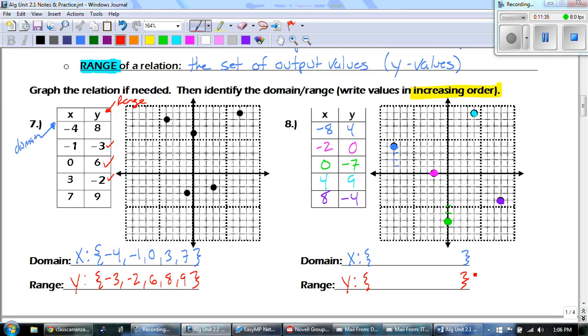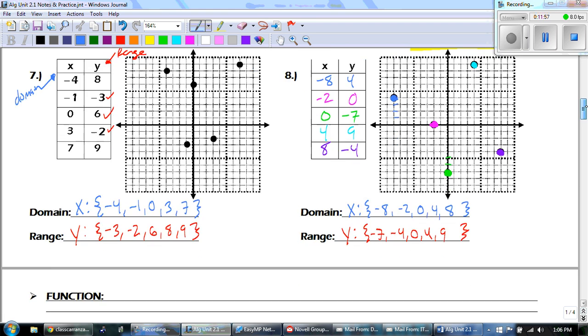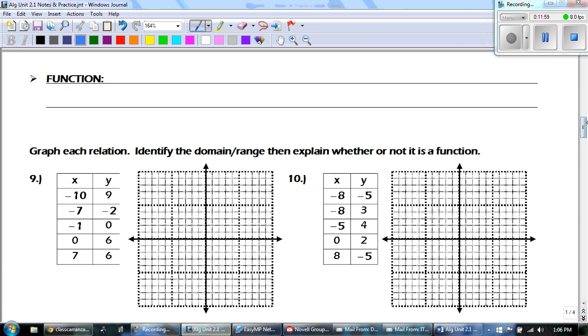Okay, go ahead and pause the video and good luck. Okay, and you should get -8, -2, 0, 4, and 8 for x, and -7, -4, 0, 4, and 9 for your y.